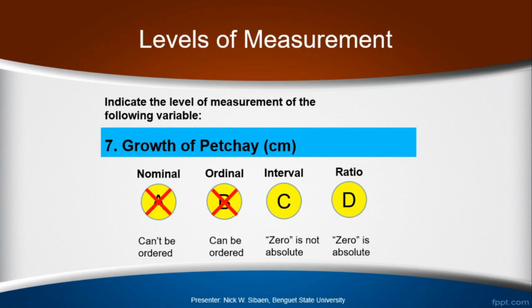When you say 0 centimeter growth of Petchay, is there an actual Petchay that you are measuring? None. There's no Petchay at all. So the answer is ratio. Growth of Petchay measured in centimeter is measured in ratio scale or level.